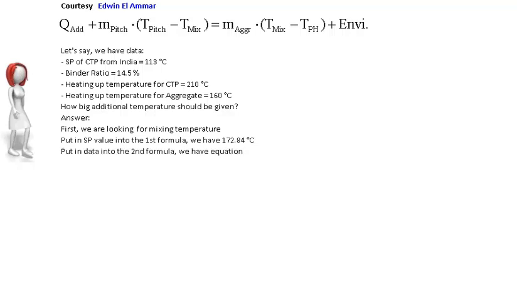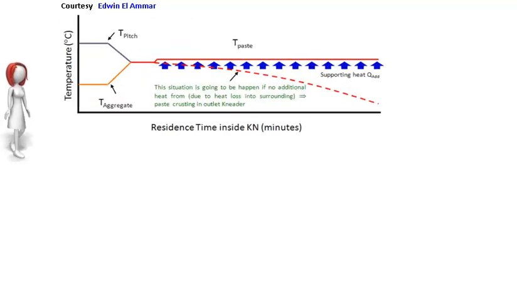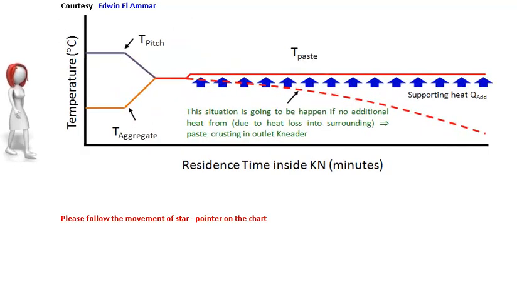Putting the data into the second formula, we have the equation 0.145 * 210 + 0.855 * 160 = T. So, we will get T equals 167.25 degrees C, which is 5.59 degrees C less than we need. Let's try to implement this formula. Please follow the movement of the star pointer on the chart.